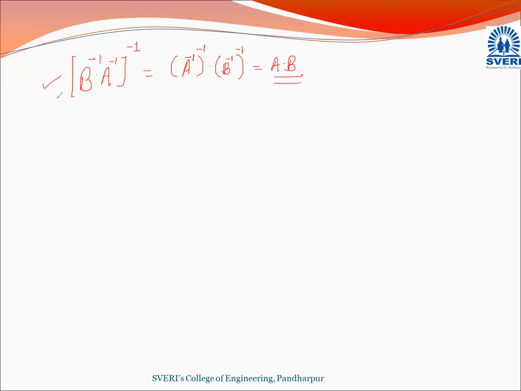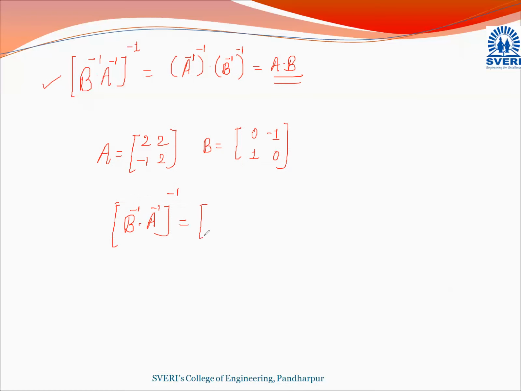So next one, if we take A equal to [2, 2; minus 1, 2] and B with elements [0, minus 1; 1, 0], now here, if we are taking (B inverse into A inverse) inverse, directly it is A into B, which will be [2, minus 2; 2, 3].